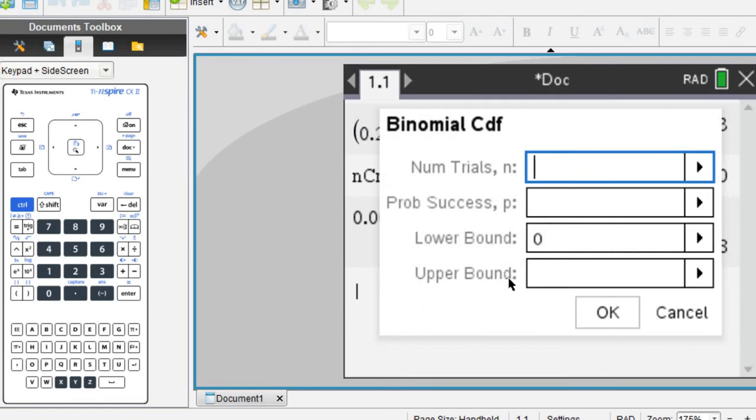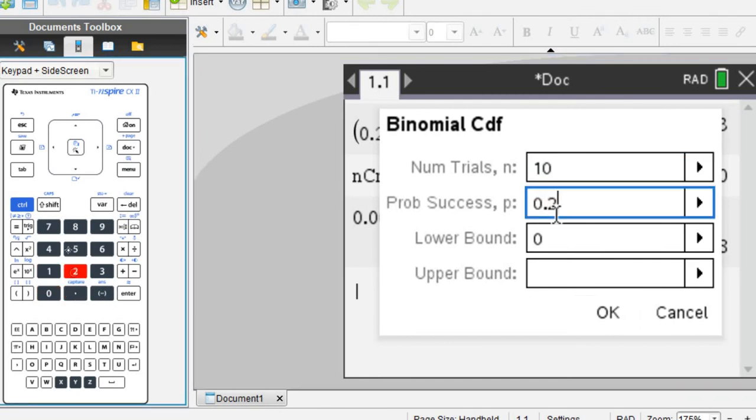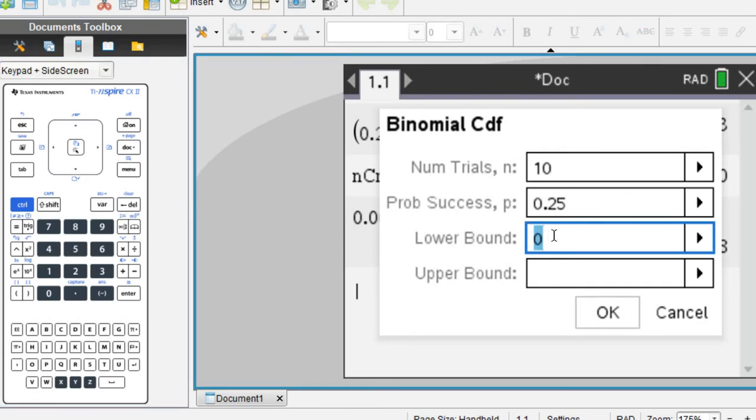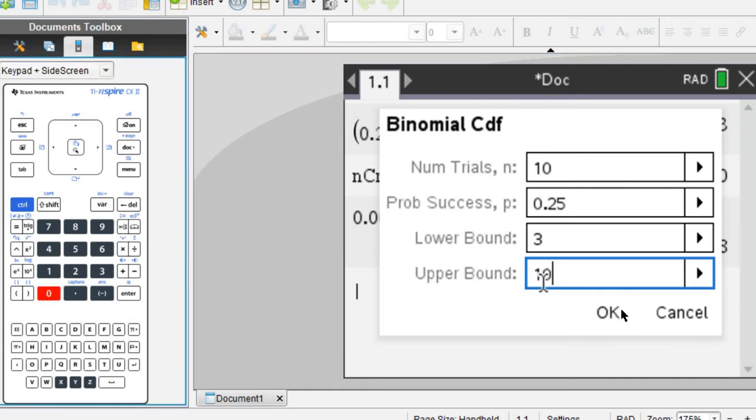What this one does is allow us to do a cumulative distribution and add the number of successes or the probabilities of each number of successes together. So we can enter a lower bound and an upper bound and look at all of those. So what we've got happening here is 10 trials where the probability of success is 0.25, and we want to add together the probability of 3 successes, 4 successes, 5 successes, and so on, all the way up to getting 10 successes.